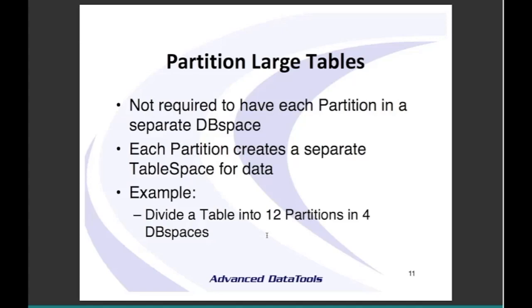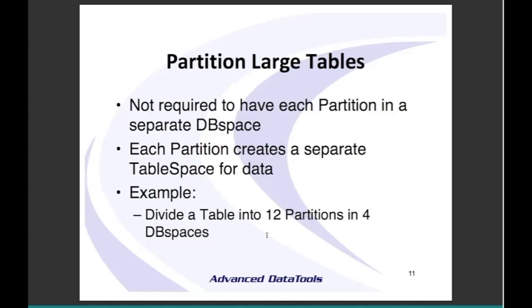And so you can take a table and divide it into 12 partitions and 4 DB spaces. And most of the examples I'm going to use today do something like that. We have 4 DB spaces we're going to be working with, and we're going to partition a table multiple ways in those 4 DB spaces. Each partition is a separate table space and can be read separately. And all 12 partitions could be read at the same time if your disk can handle the I/O on that.